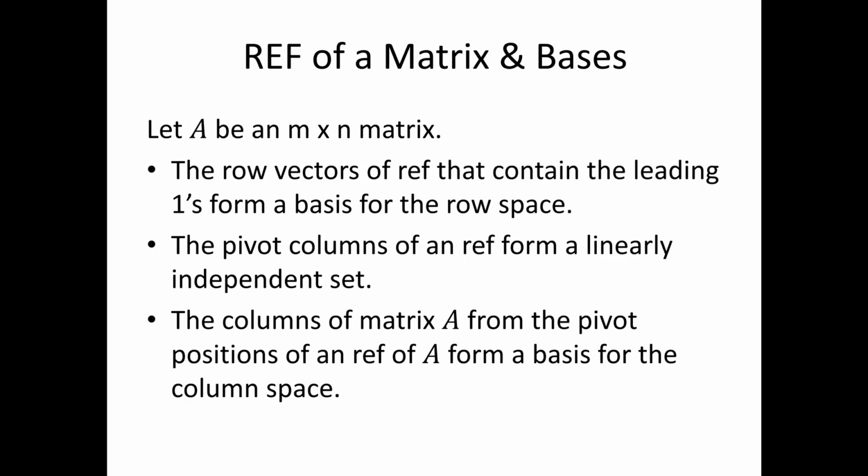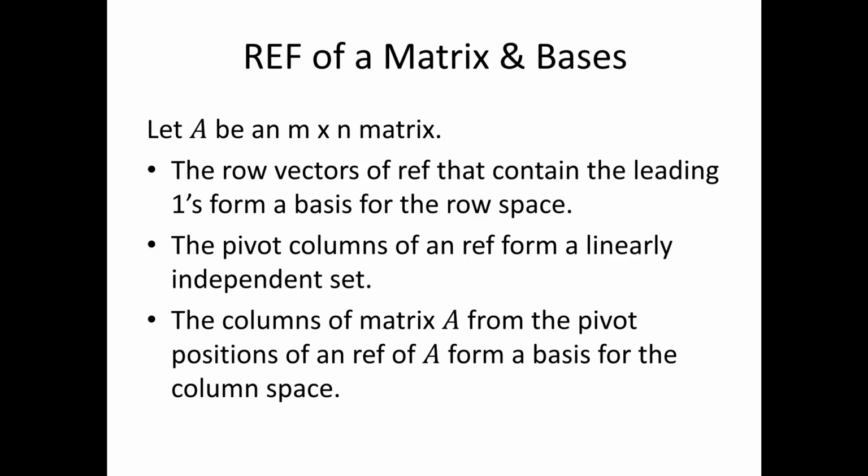So let me try to clarify this. Suppose that when you look at an REF of a matrix A, you identify that column 1 and column 3, for example, happen to be the columns with the leading ones in them. So those are the pivot columns.